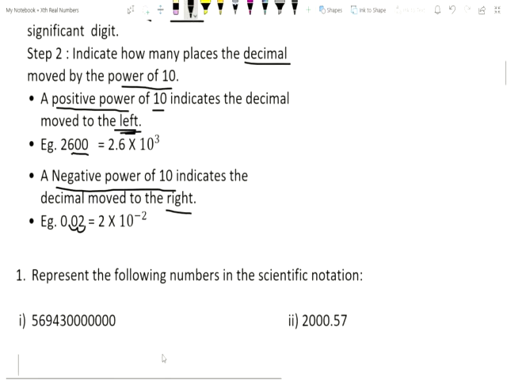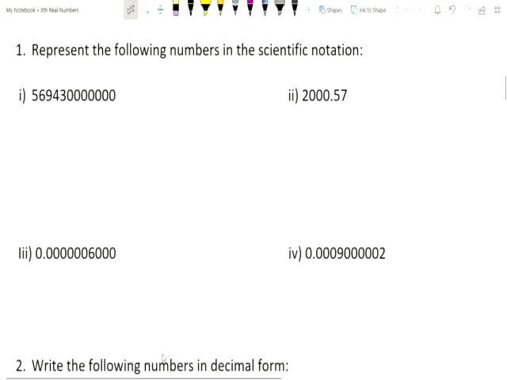See the exercise, first question. Represent the following numbers in scientific notation. We are going to write in the form of scientific notation. What is the general form, children? a into 10 power n. See that first digit here. This is the answer: 5.6943.